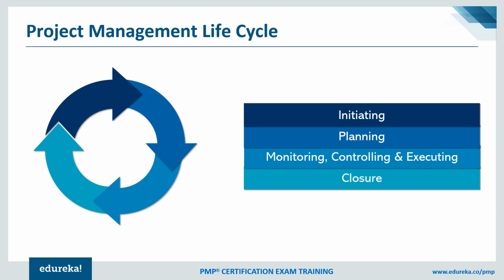If I compare the same with the construction industry, the stages of the project life cycle would be feasibility, concept, detailed scope, detailed design, procurement, construction, commissioning, handover, and close. So the life cycle stages are followed in every industry. However, the names could be different.